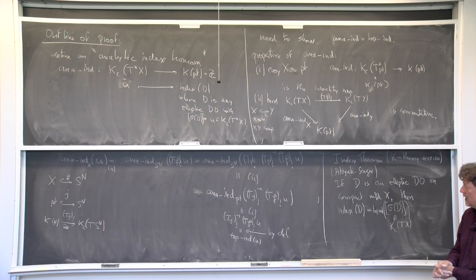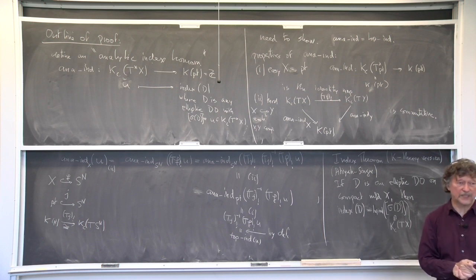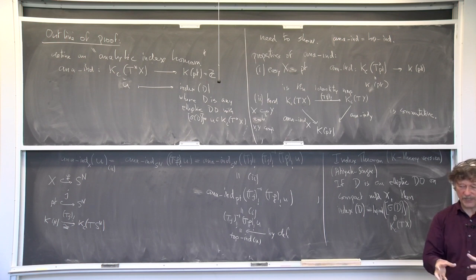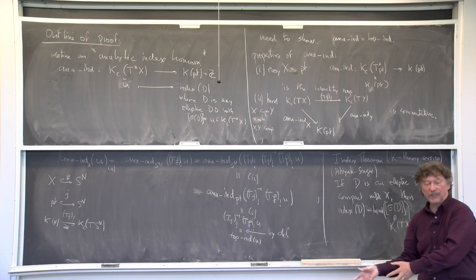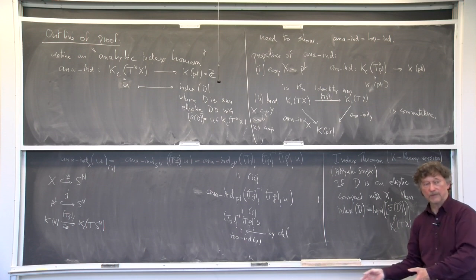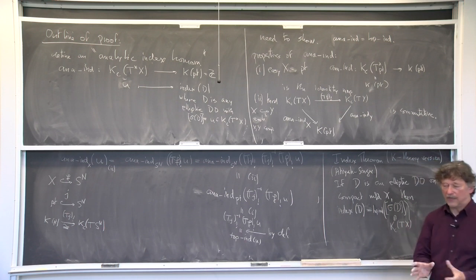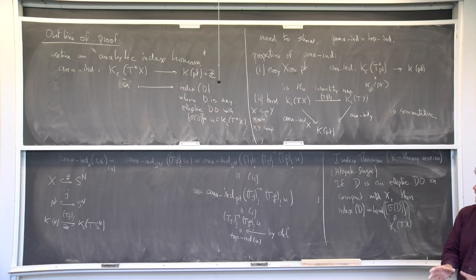So, for example, there's the signature theorem by Hirzebruch, which expresses the signature of a manifold, which is a topological invariant, in terms of characteristic numbers, which are different topological invariants. But then if you use Hodge theory, you can identify the signature with the index of a differential operator. So he proved the index theorem for this very particular differential operator.